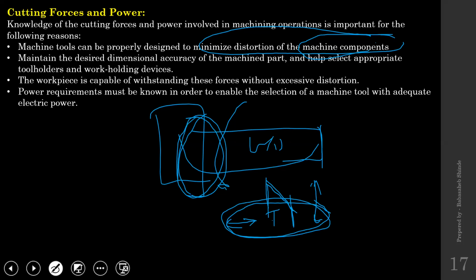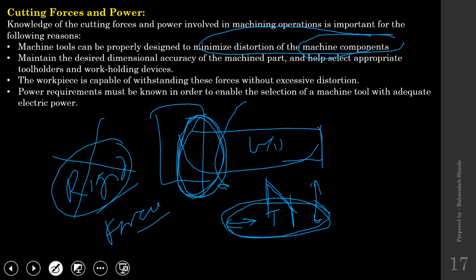So these supporting parts are supposed to be rigid enough to support the forces that are generated. If these parts are not rigid enough to support these forces, what will happen? The machine tool itself will start distorting, and that is not desirable.